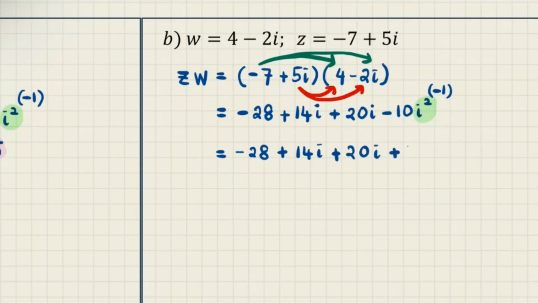Negative will be positive 10. So negative 28 plus 10 is negative 18. Oops, here negative 28 dengan 10 adalah apa tadi? Negative 18 and 14 plus 20 will be 34. So this should be your final answer.